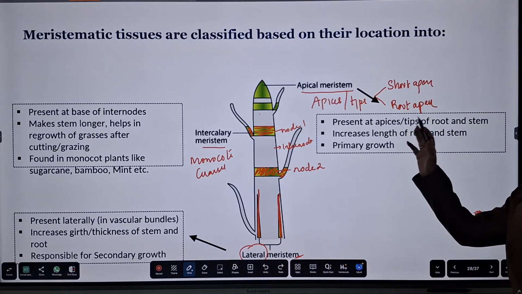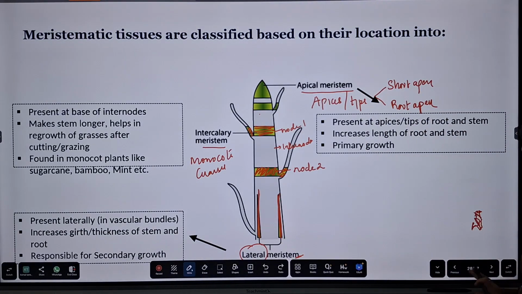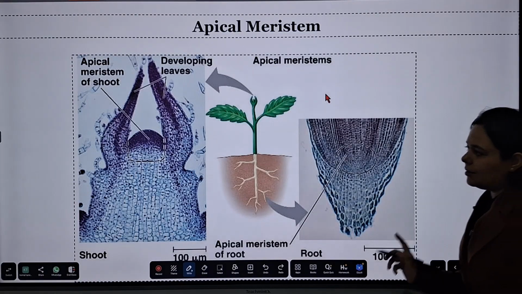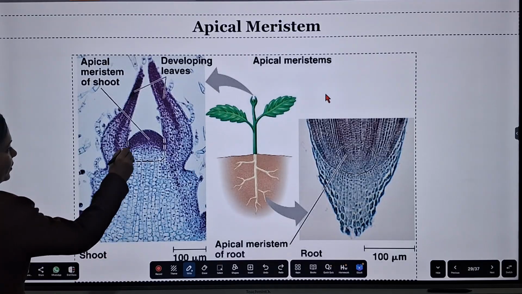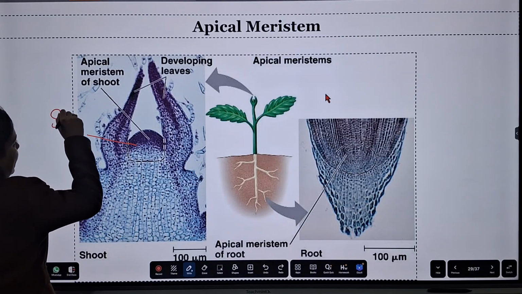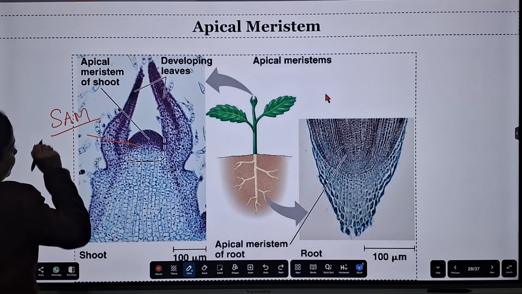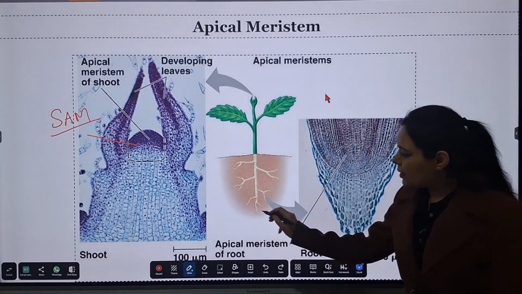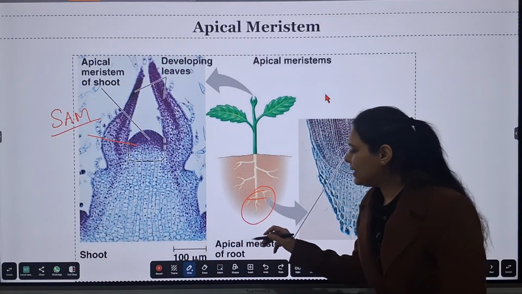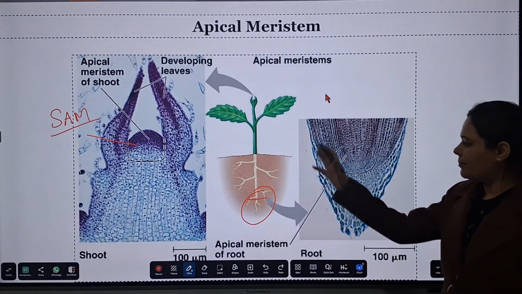So let's see these three types of meristematic tissues one by one. Apical meristem. Apical meristem is present at the apex of the shoot. We call it shoot apical meristem or SAM. Root apical meristem. If we cut the tip of the root and see it under the microscope, we will see something like this.